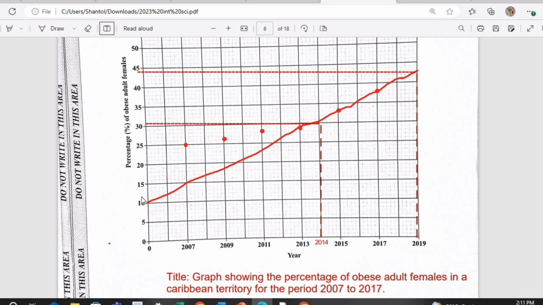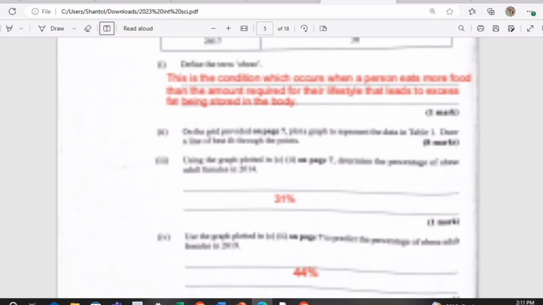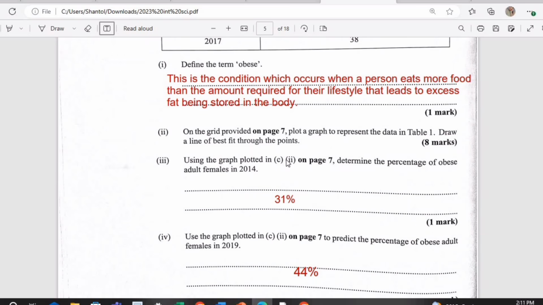So my line of best fit here would have had a beginning of 10 right here, and when I drew it, I kind of got it through these 3 points. Now if you didn't do yours like this, it shouldn't be incorrect, but this would have given you a better line of best fit.